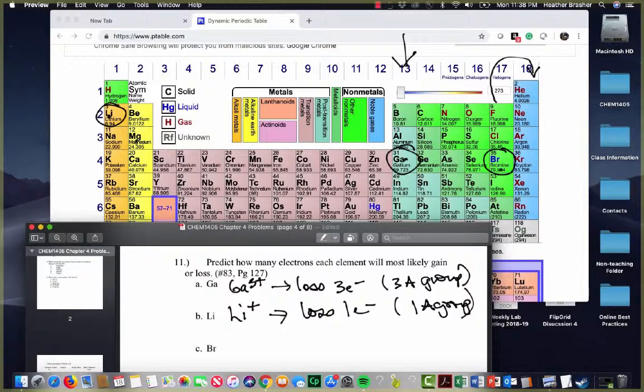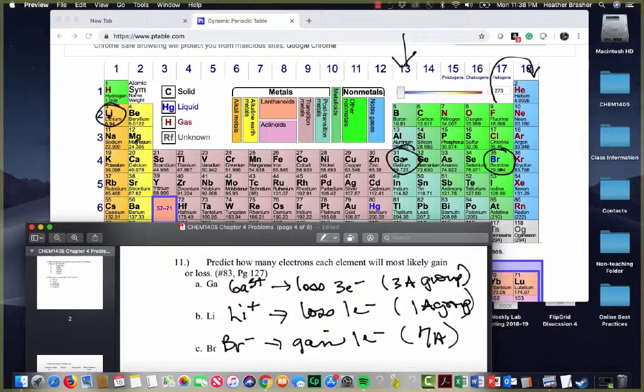This guy, though, only needs 1 more electron to be stable. So this guy tends to go negative, which means he tends to gain 1 electron. And that is because he is in what's called that 7A group, or the halogen group.